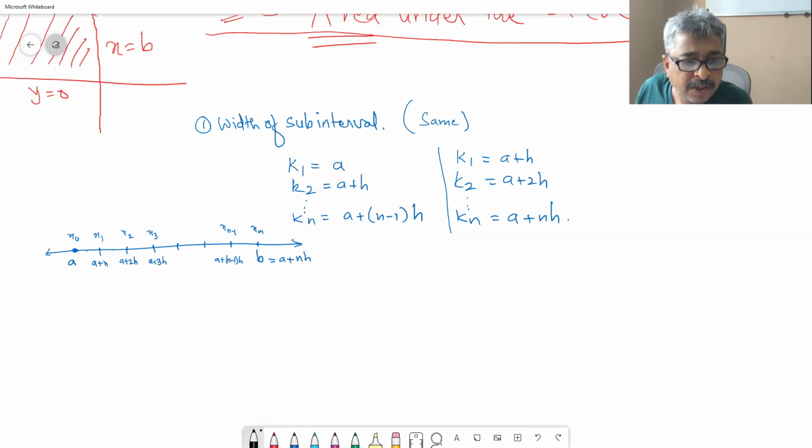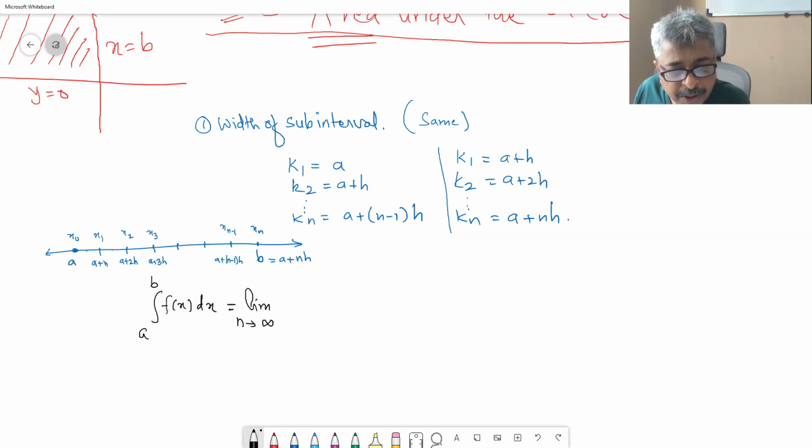Therefore, let us check what we have. Integral from A to B of f of x dx is equal to limit as n tends to infinity. What are we supposed to add?